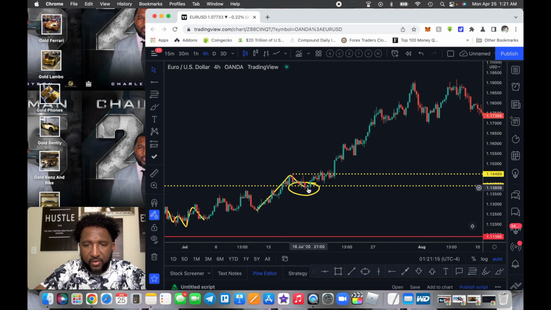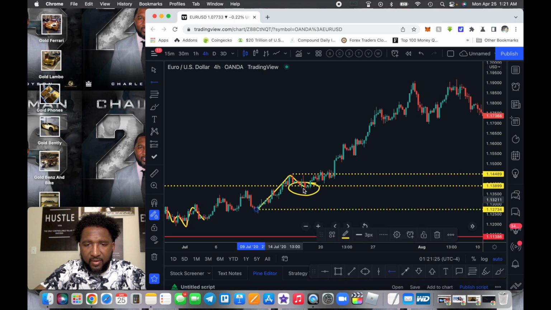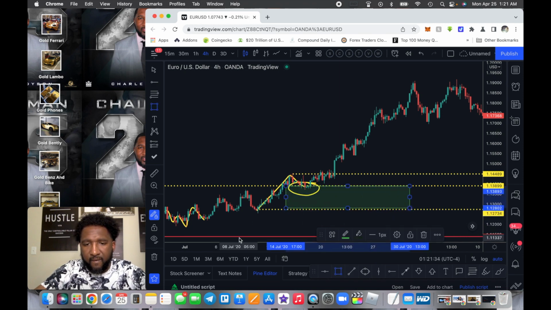Impulse, correction, right? This is the high. It can correct here, but how far can it go down? Right? So watch this. This whole area now becomes the buy zone. Okay? That whole area now becomes the buy zone.